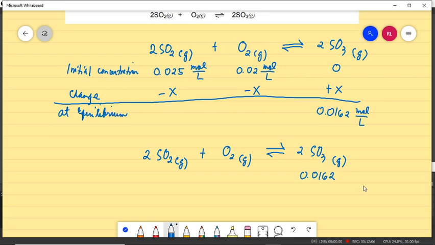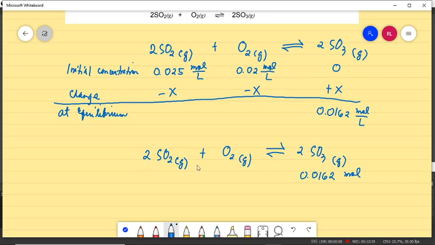Then according to the problem, at equilibrium, we were able to produce 0.162 mole of sulfur trioxide. Then therefore, how many moles of sulfur dioxide? If the ratio here is 2 is to 2, if you reduce that, that is just equal to 1 is to 1.